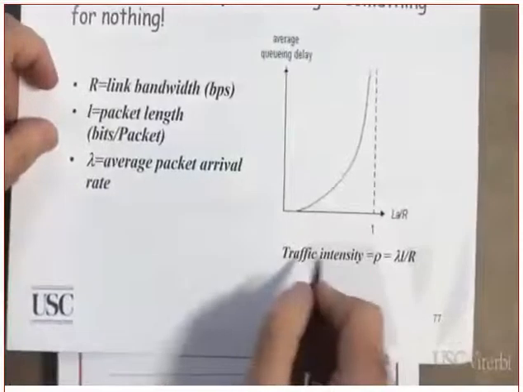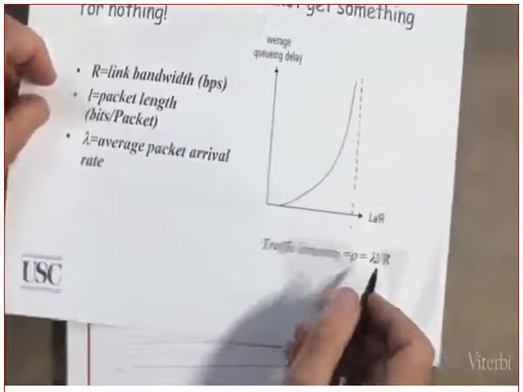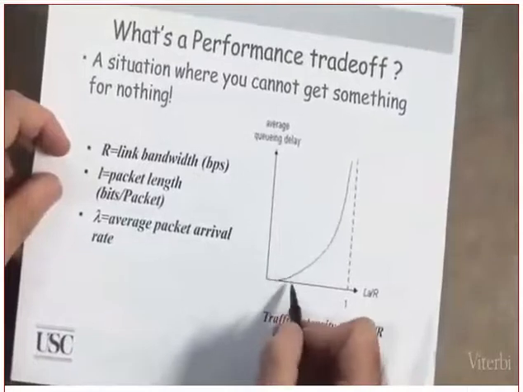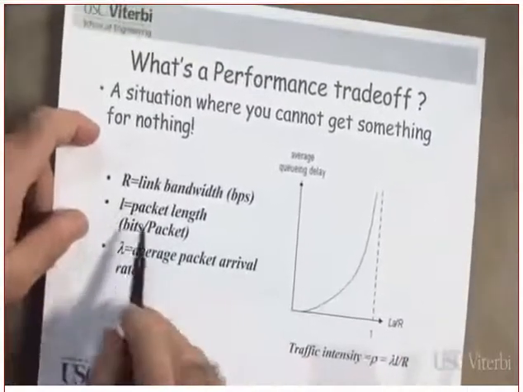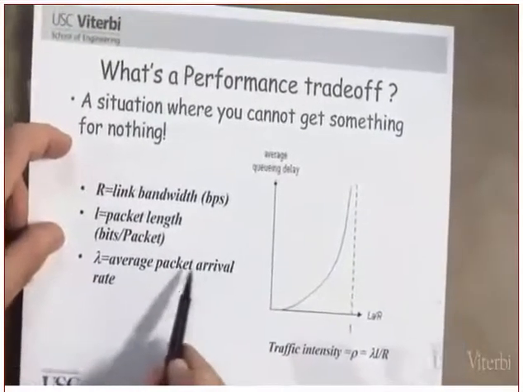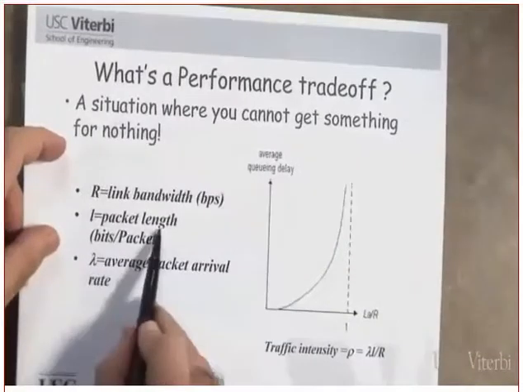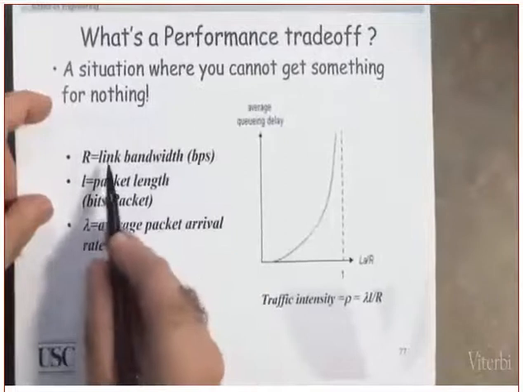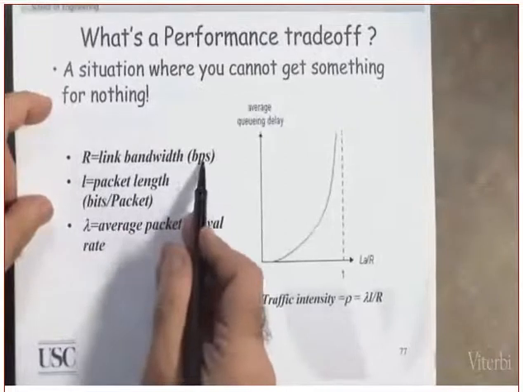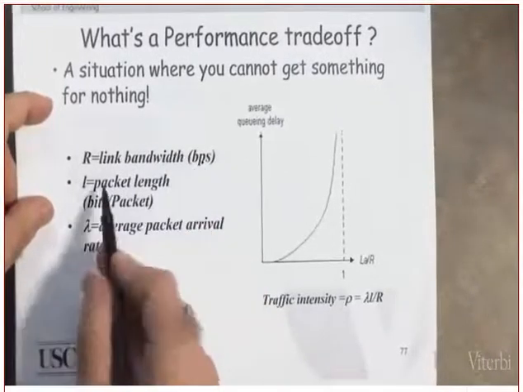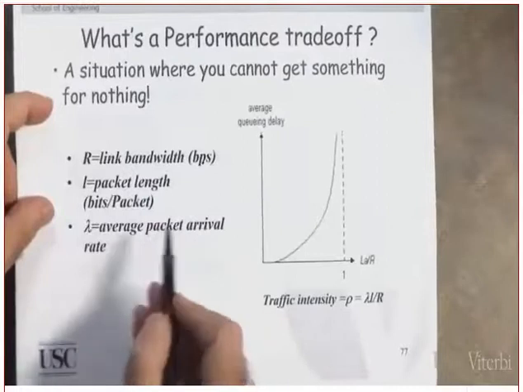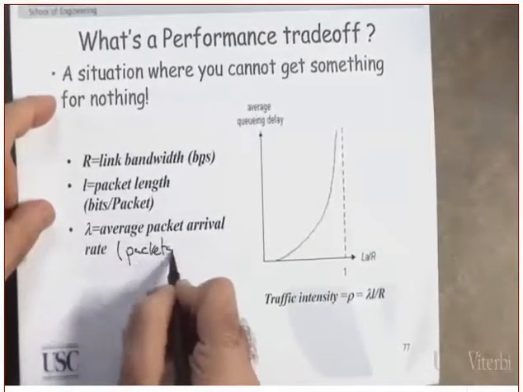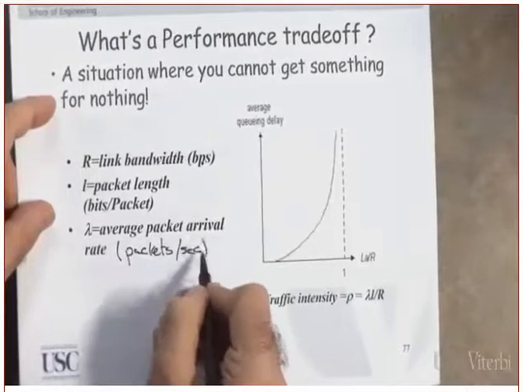This is, again, as I told you, the traffic intensity, or what we refer to as utilization, is lambda L over R. Lambda in this case is the average packet arrival rate. L is the packet length in bits per packet. R is measured in what? In bits per second. Lambda is the average packet arrival rate in packets per second.